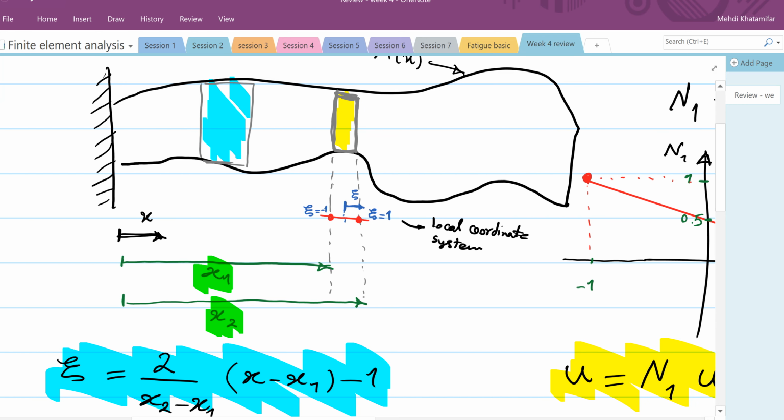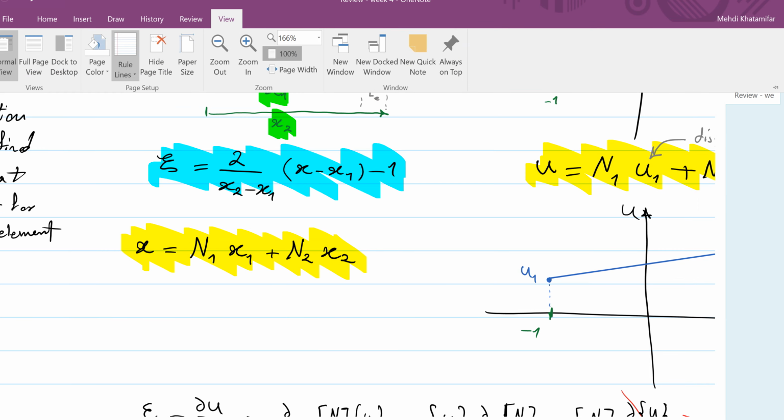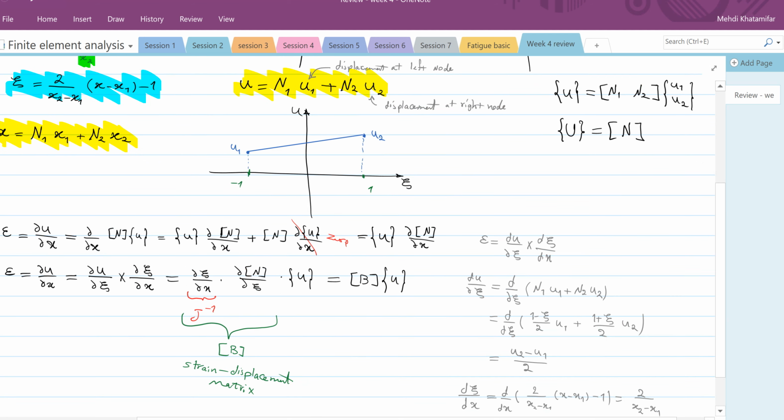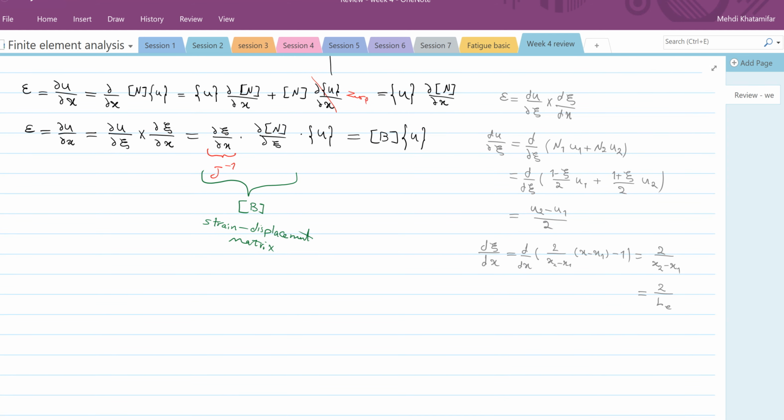So basically x2 minus x1 is this distance, which we call LE, or length of that element.